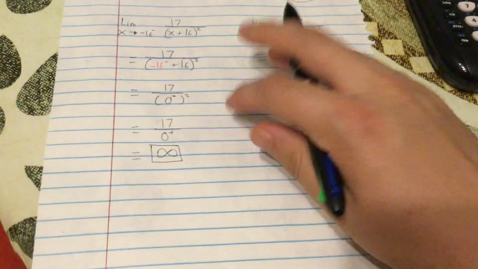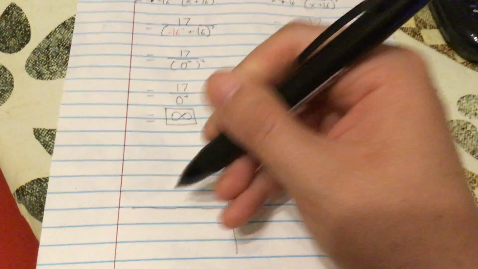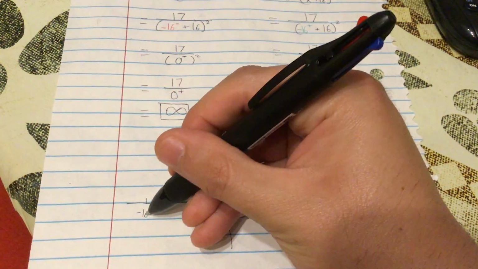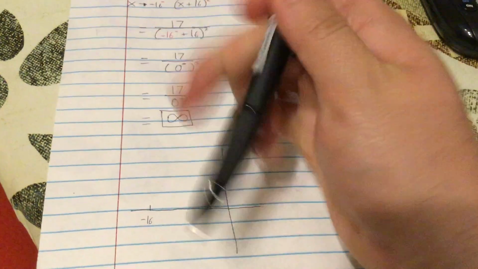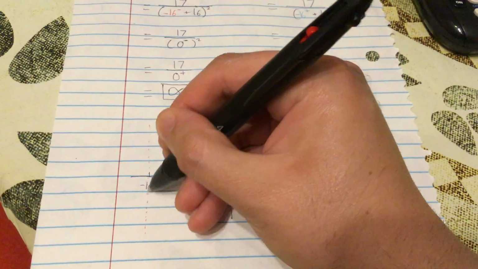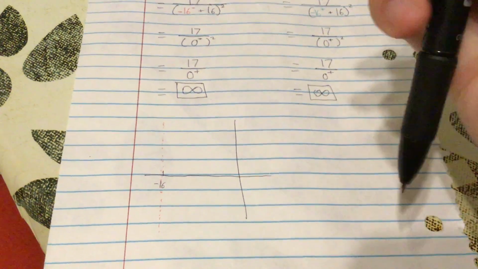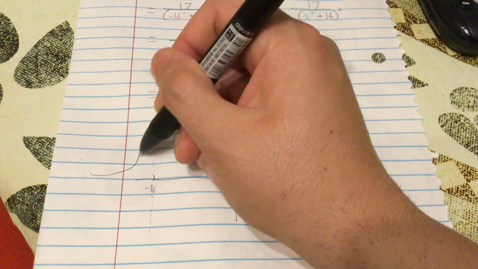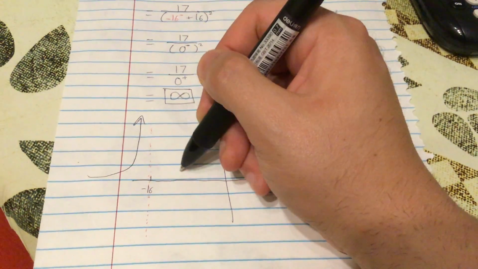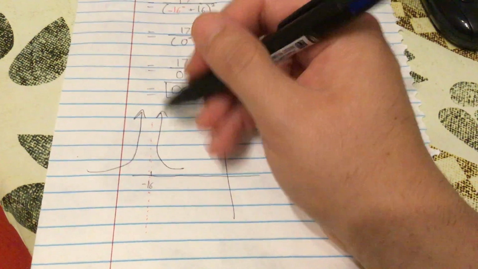So therefore, this is going to be one of those graphs. Let's just say I put negative 16 way over here. You can plug it in on Desmos, but I'm just giving you a rough graph of what this looks like. So this imaginary dotted line is where x cannot actually be, but the graph says both the left and the right side go up to the sky.